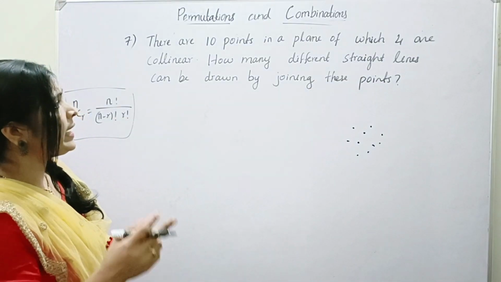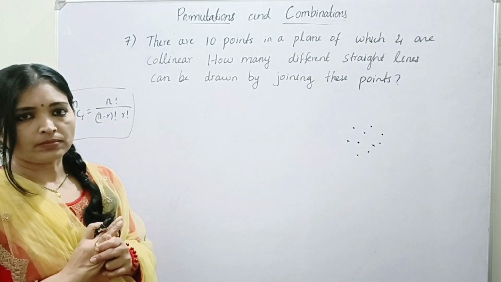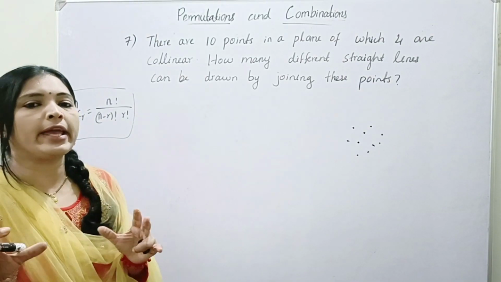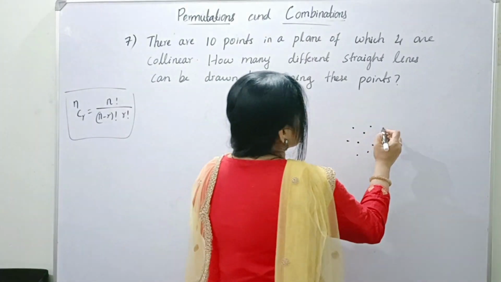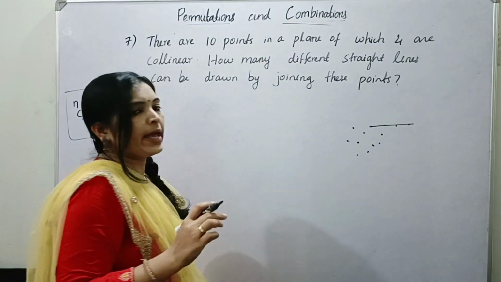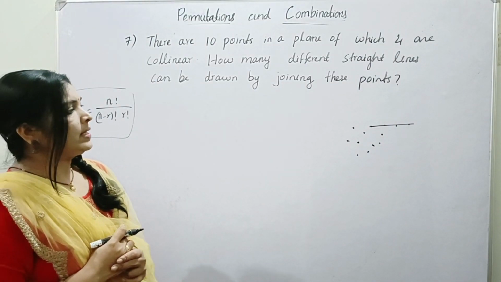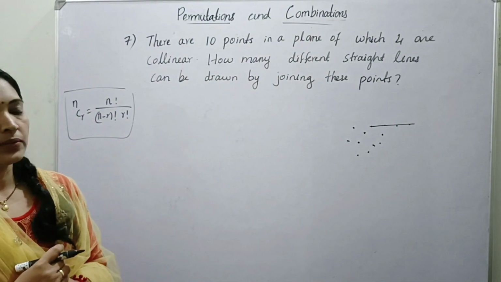But here it is mentioned of which 4 are collinear. Collinear points means the points lying on the same straight line, or points lying on a single line. But here, see how to find the number of straight lines.